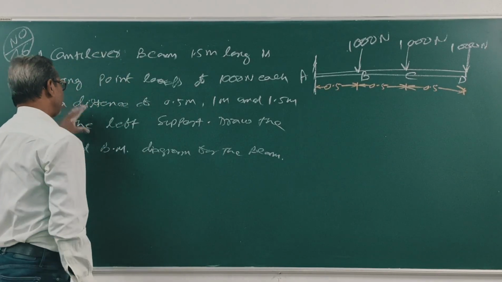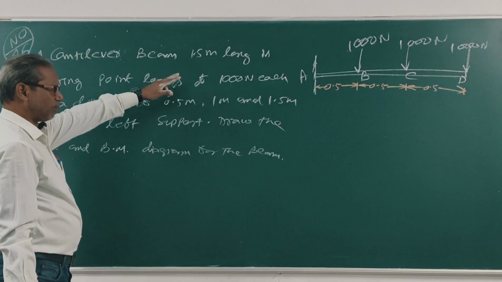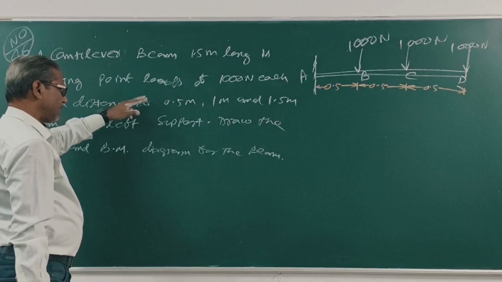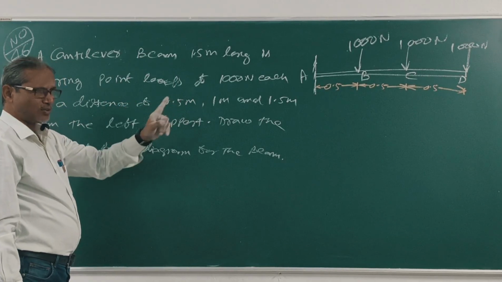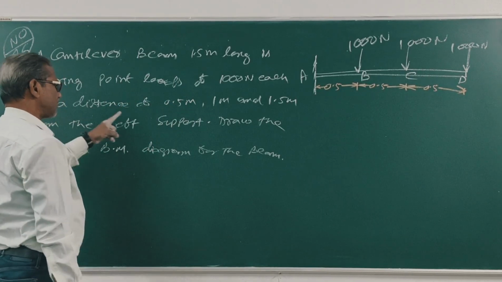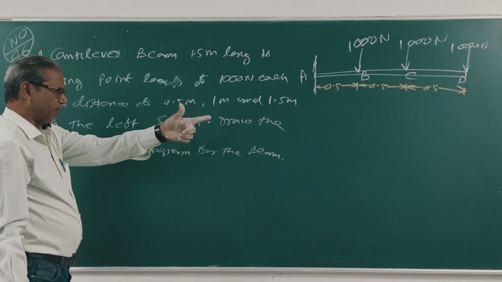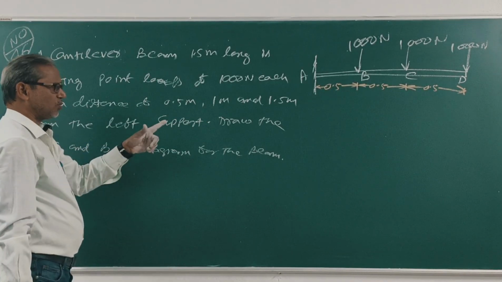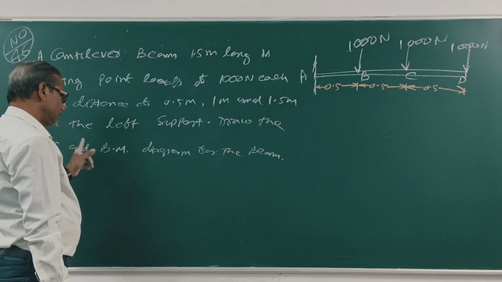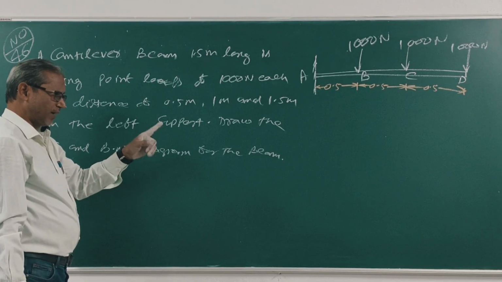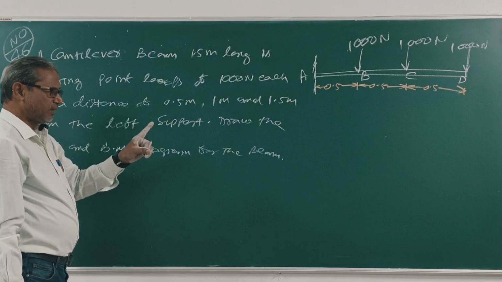The question is, a cantilever beam 1.5 meter long carrying point loads 1000 Newton each at a distance of 0.5 meter, 1 meter, 1.5 meter from the left support. Draw the shear force and bending moment diagram for the beam.